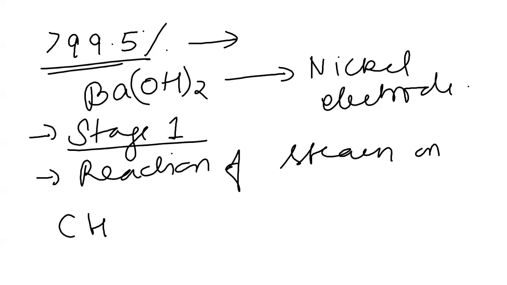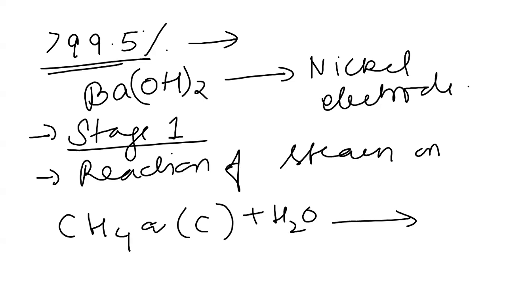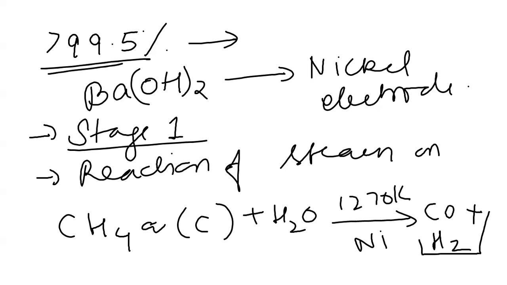I have taken a hydrocarbon, or I can take coke, plain carbon. In that, water is added and it is heated at 1270 Kelvin in the presence of nickel. So when heated, you get carbon monoxide plus H2, and this is called water gas.